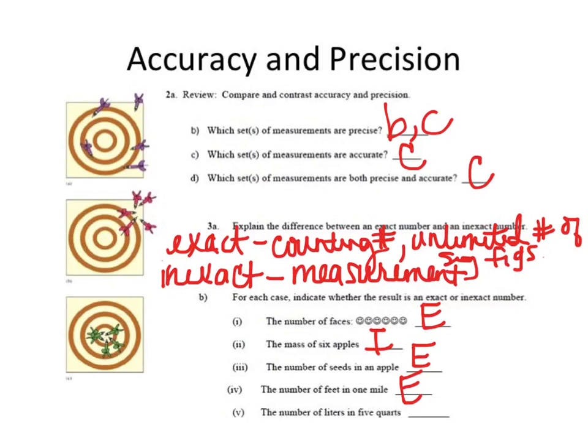And what about this next one? The number of liters in 5 quarts. Why? It's 2 different measurements, or they're 2 different systems. Yes, 2 different systems. So it would be inexact.